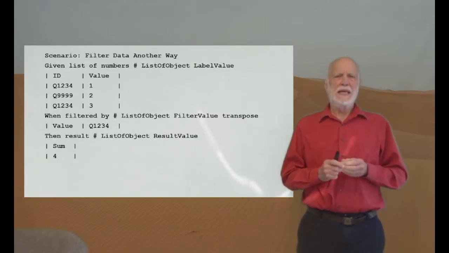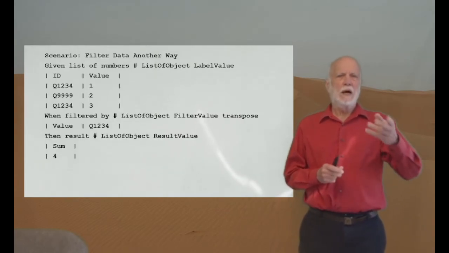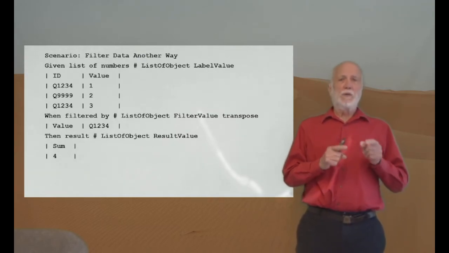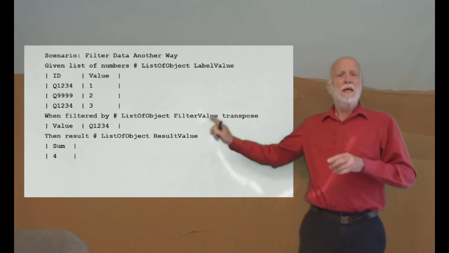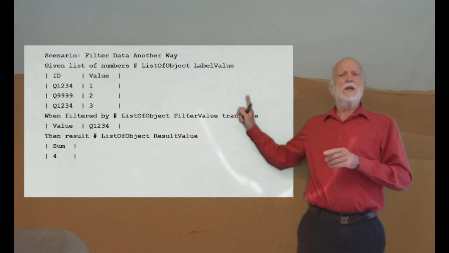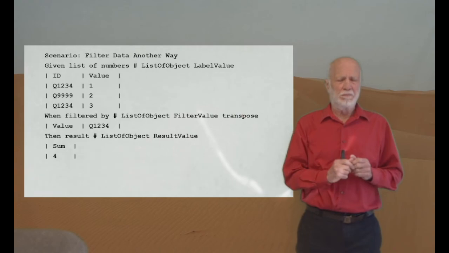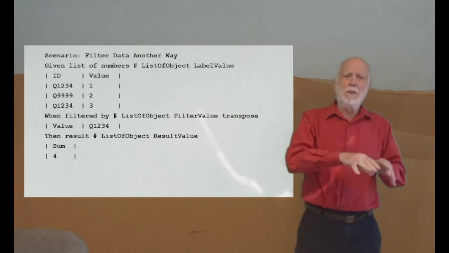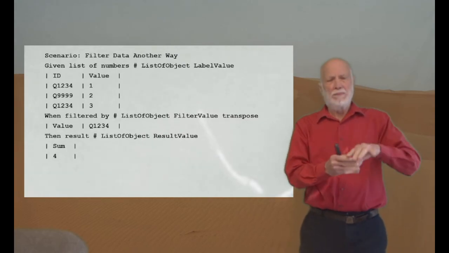We're going to filter the data. And so now, given our list of numbers that we just showed, when we're filtering by a filter value, notice one thing, transpose in there. What that says is take the table and flip it.